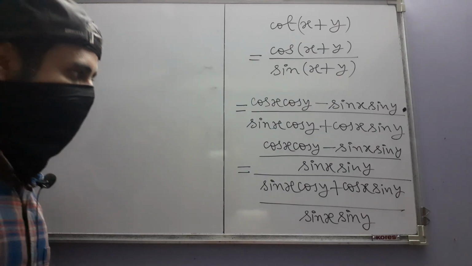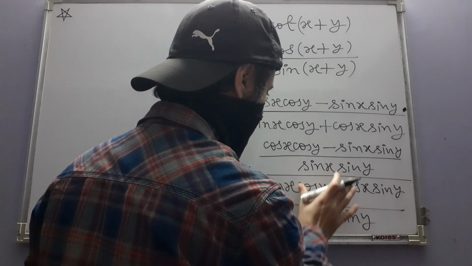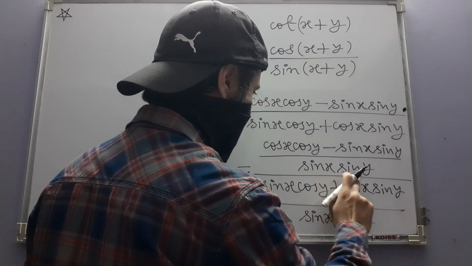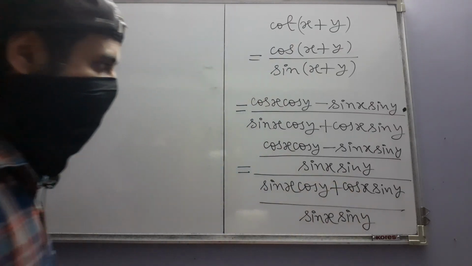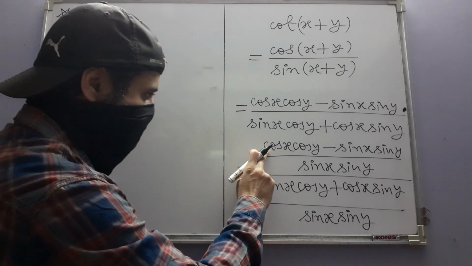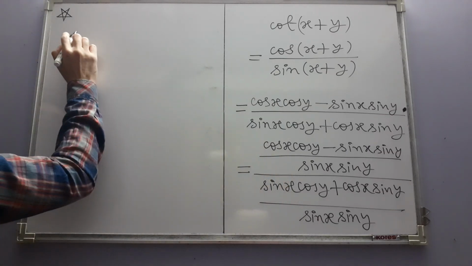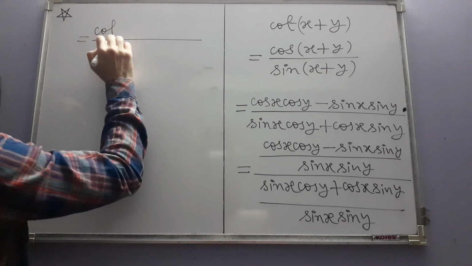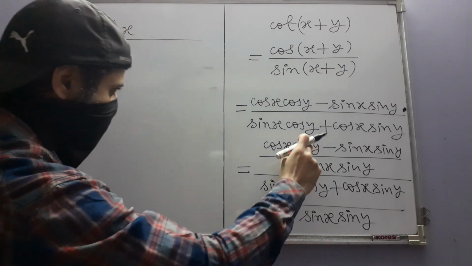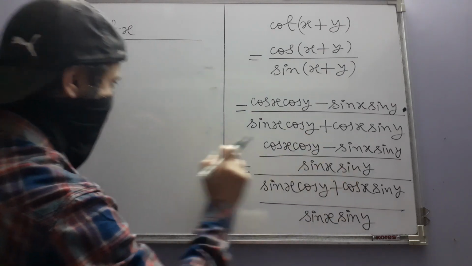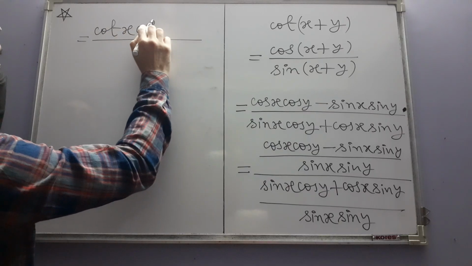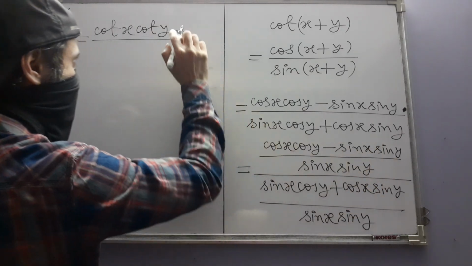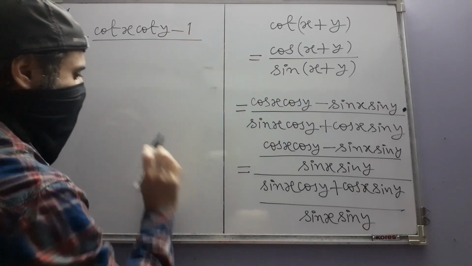So now if you simplify things, simplify means the sin x sin y will come under each term. So cos x divided by sin x will be cot x, times cos y divided by sin y is cot y, minus we have the same thing here, so 1.